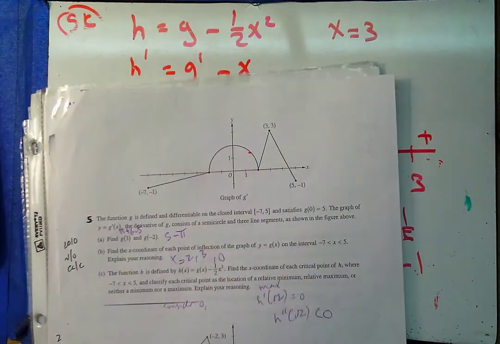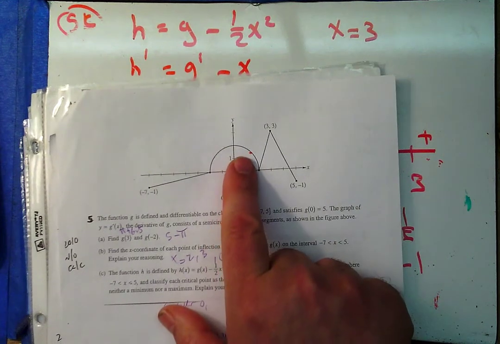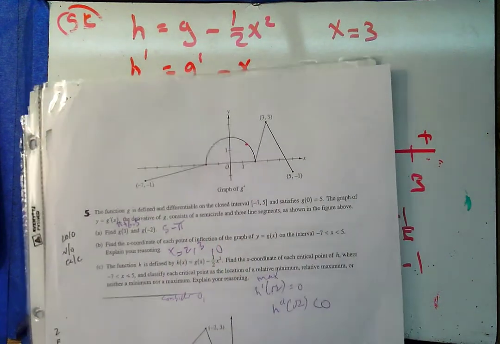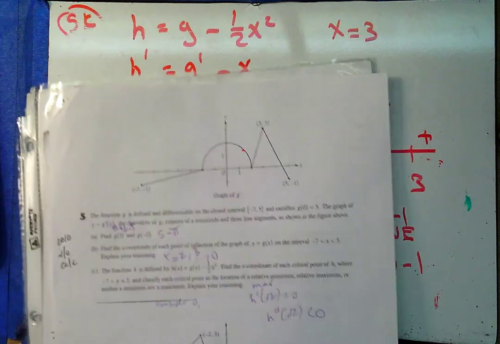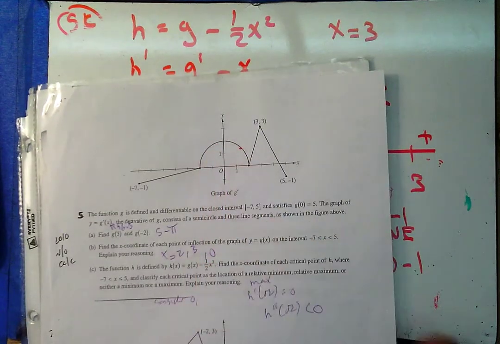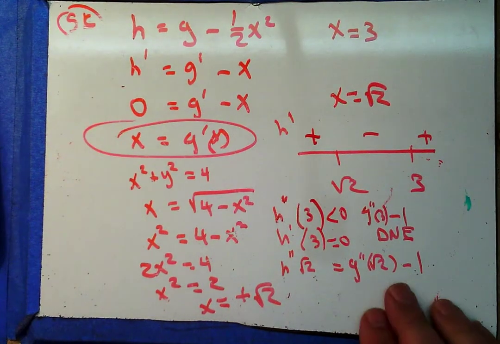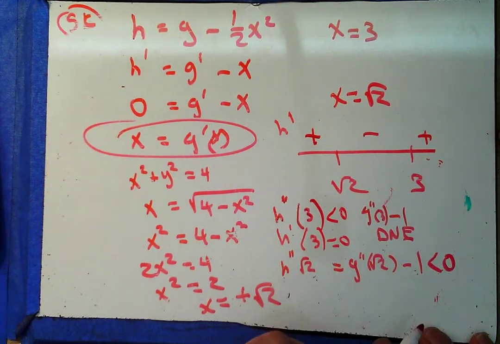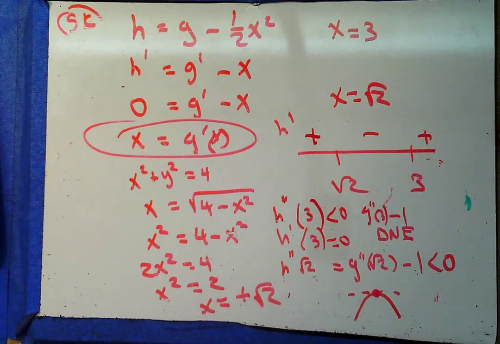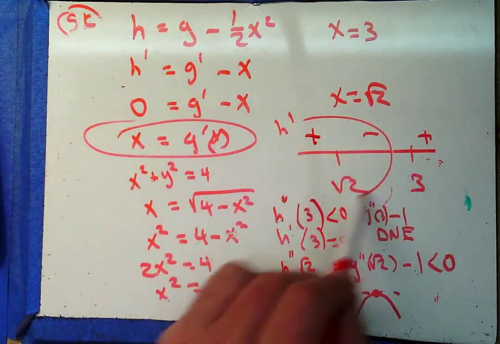Well, G double prime is negative, because G prime is decreasing. So G double prime is negative, minus 1 is negative, and I would say that this is less than 0, and therefore I have concave down and a 0 slope, which would seem to be a maximum there. And that's what I found on my sign chart.